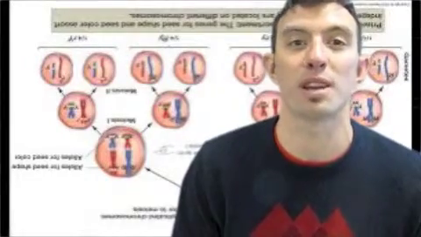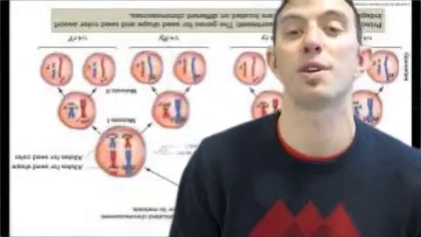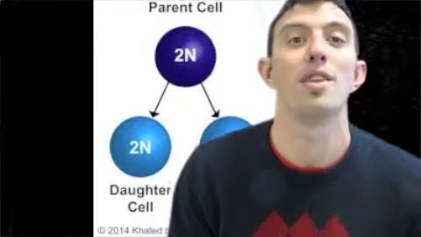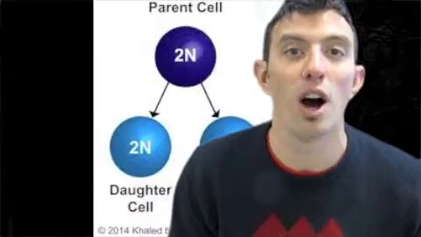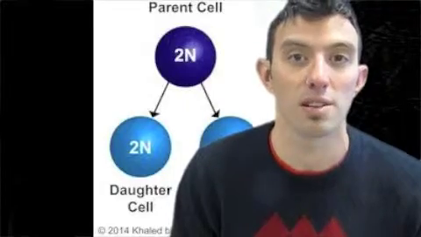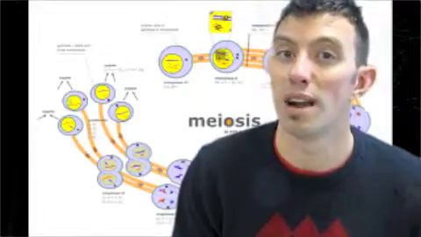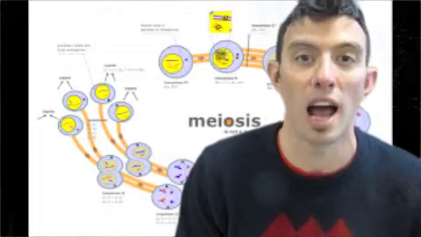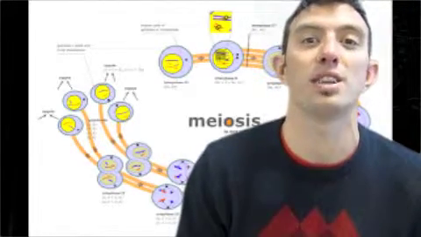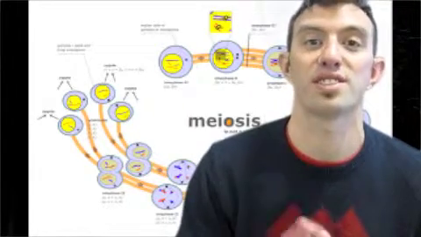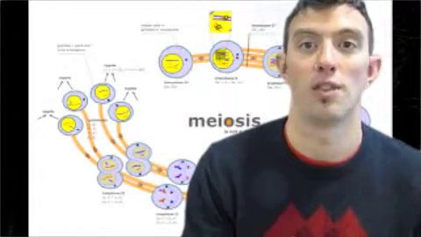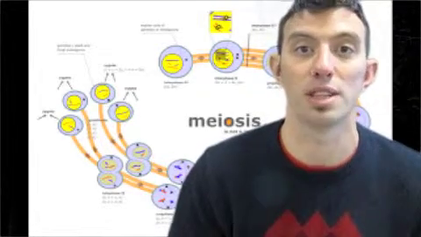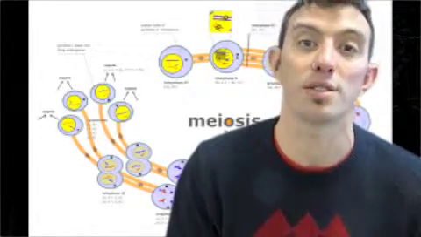Meiosis is very different from mitosis because mitosis produces exact replicates of our diploid cells, whereas meiosis produces 4 haploid cells, each with a single set of our chromosomal information. So only 23 chromosomes for us.